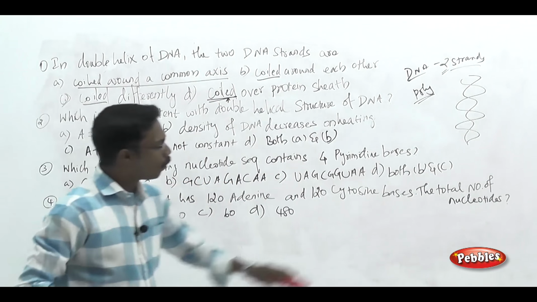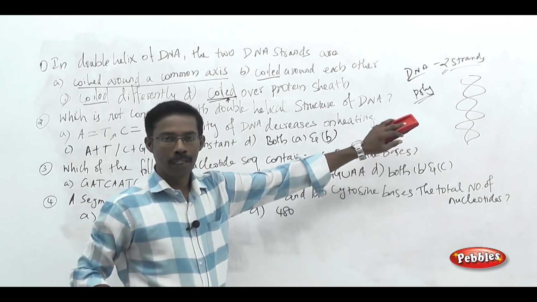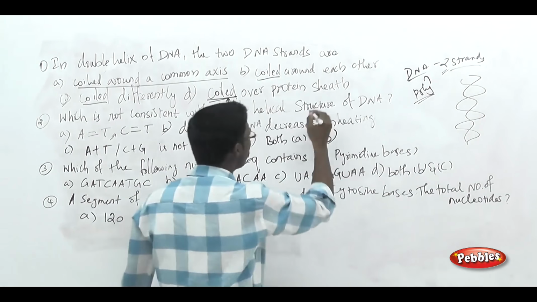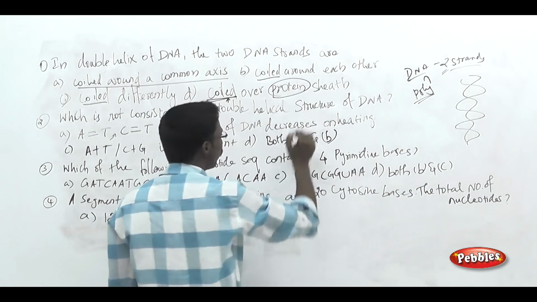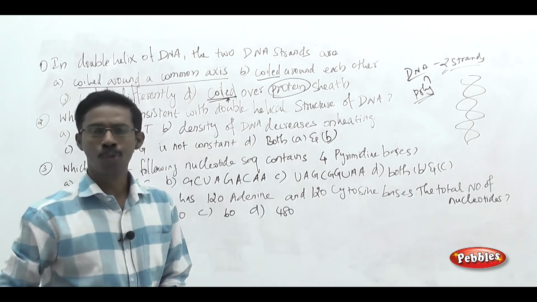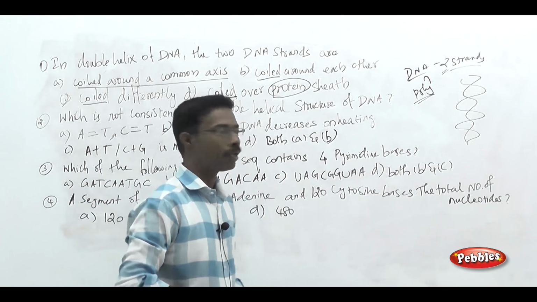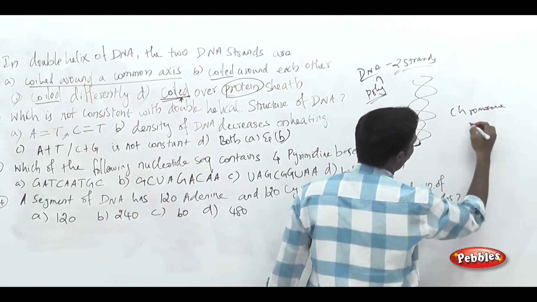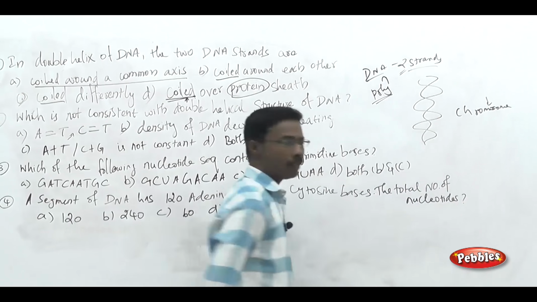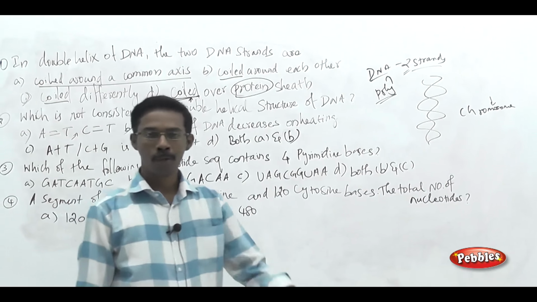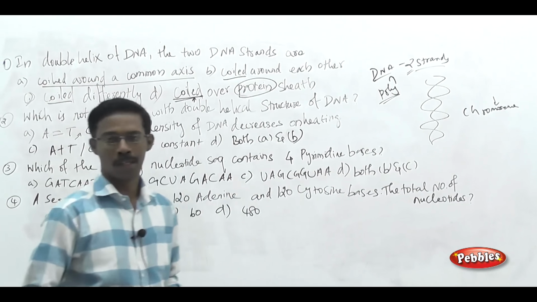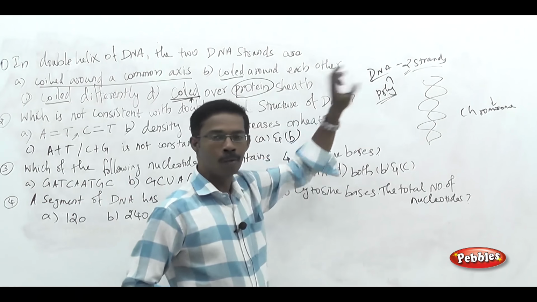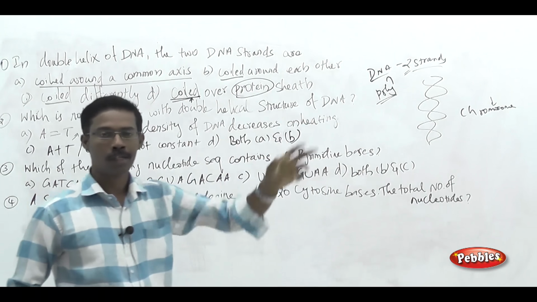Whenever you are talking about the structure of DNA itself, you are not supposed to confuse it with protein. With the chromosome, chromatin and nucleosome, you have to remember the DNA is coiled around the protein compound, histones. But when you are talking about the structure of DNA alone, you are not supposed to confuse it with histone.